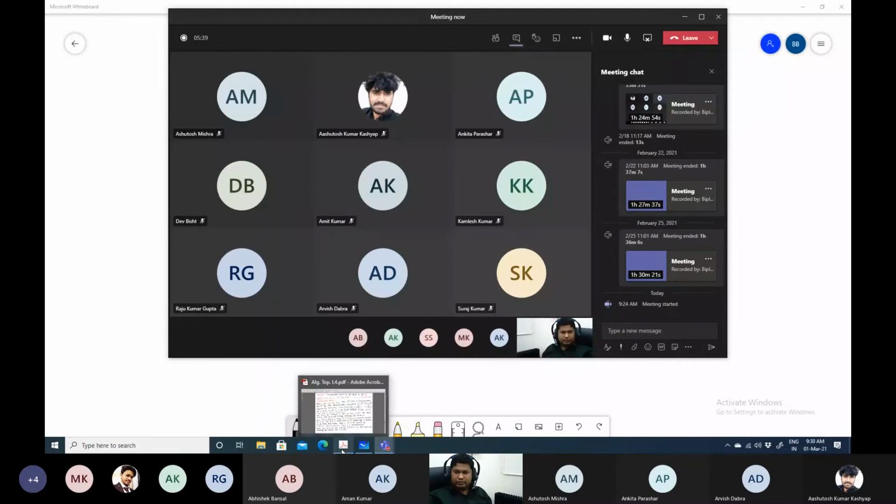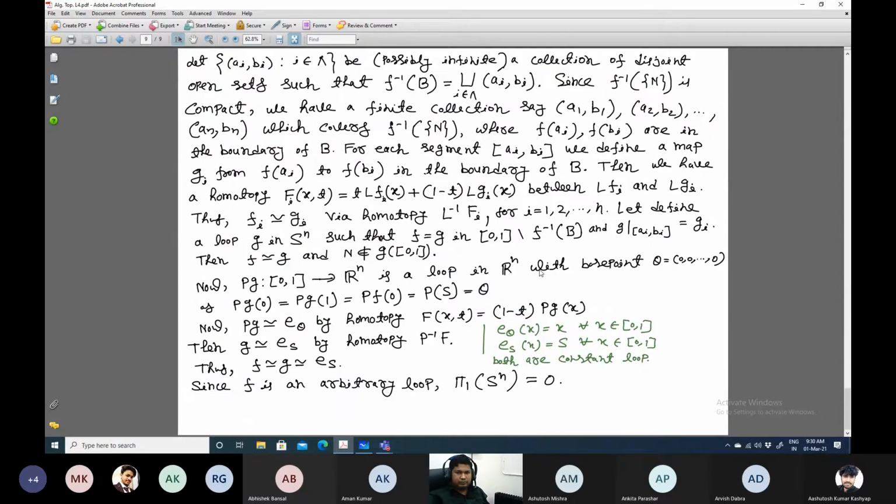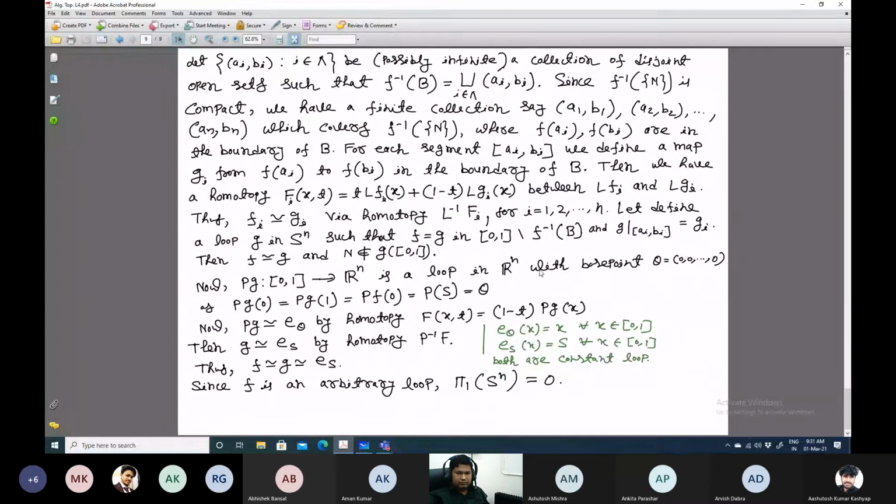Okay, so have you read this theorem? That is, this lemma that the fundamental group of Sn is trivial. Is that fine, or do you have any problem with that?